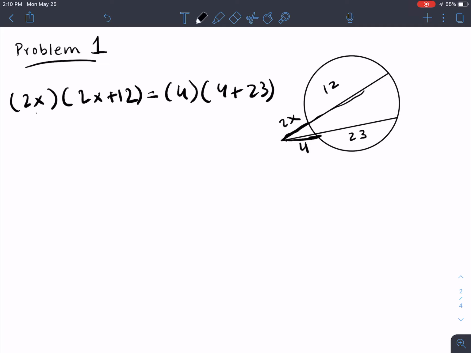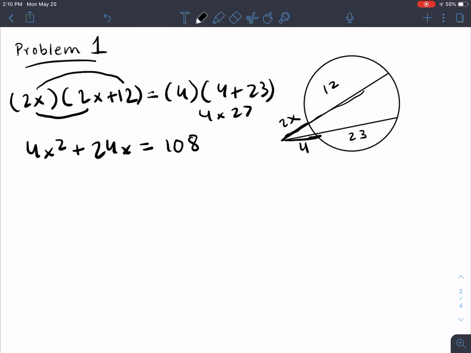So now I'm going to distribute these. So it would be 4x squared, multiply these two numbers, it would be 24x is equal to, and 4 plus 23 is 27. 27 times 4 is 108.